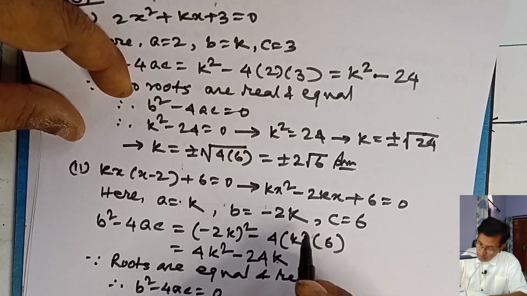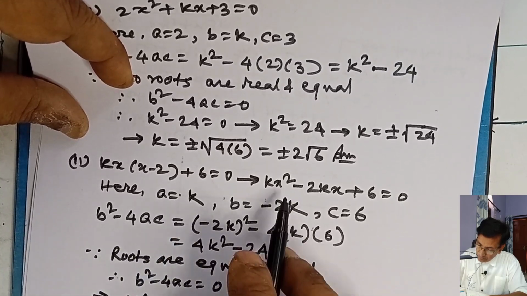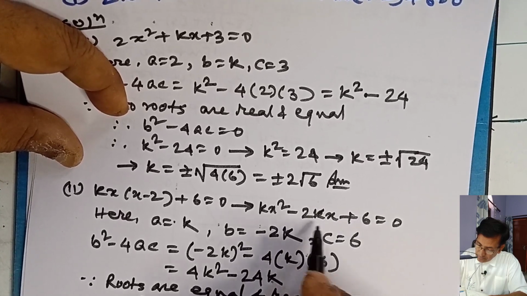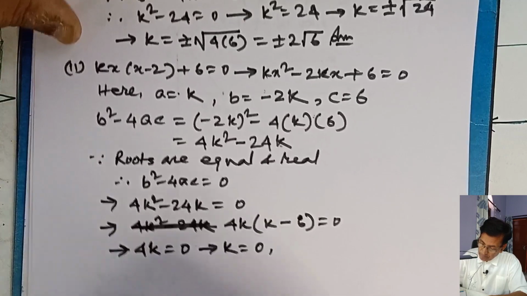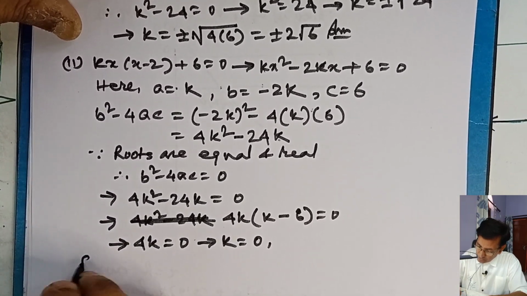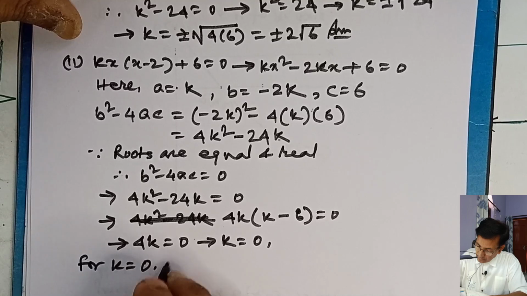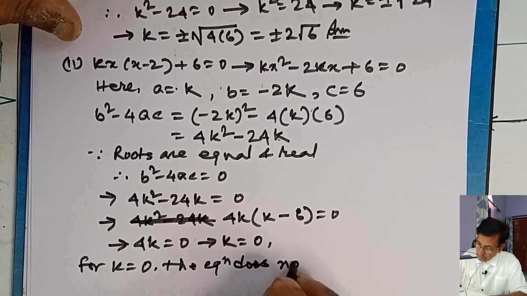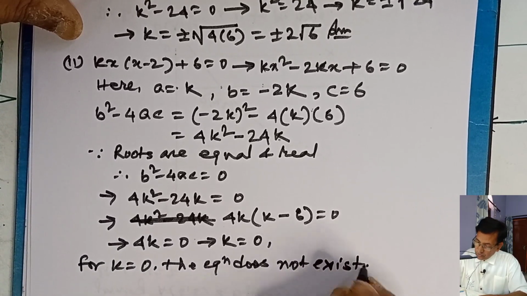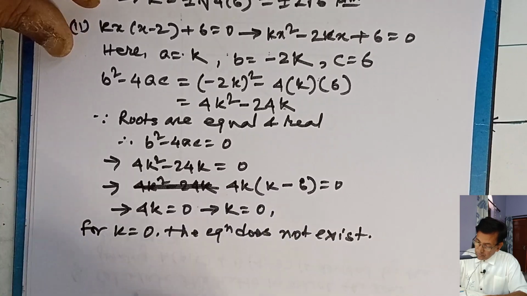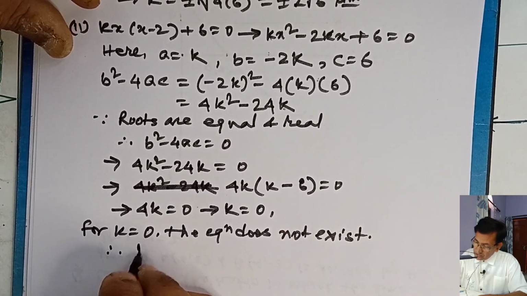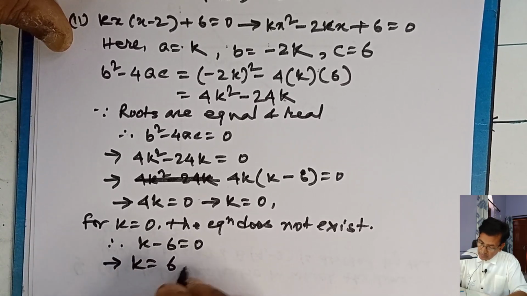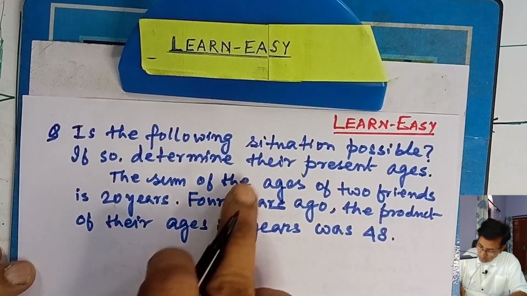If k is equal to 0, then the equation kx square minus 2kx plus 6 doesn't exist, because these terms are all 0. So for k is equal to 0, the equation does not exist. So it is not accepted. Therefore, k minus 6 is equal to 0, or k is equal to 6. This is the answer.